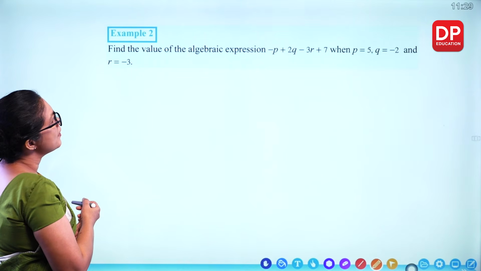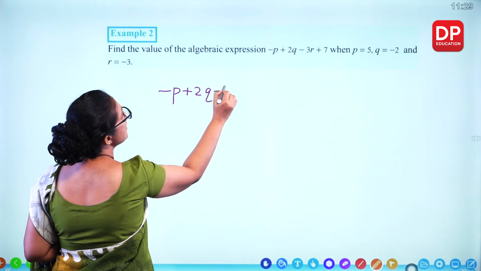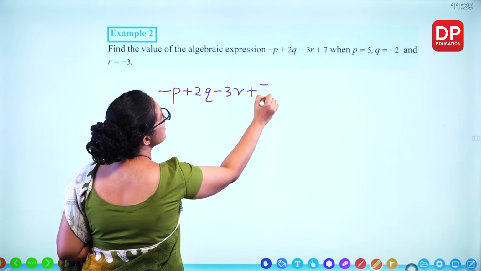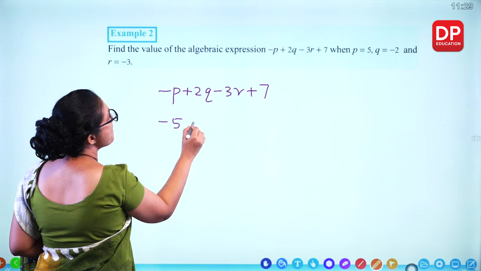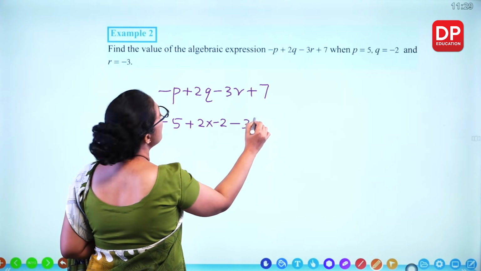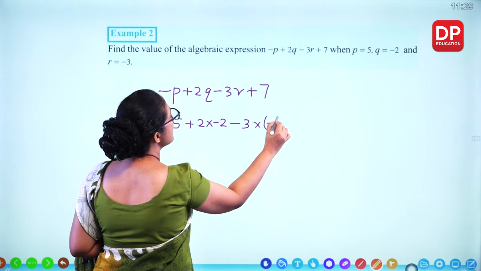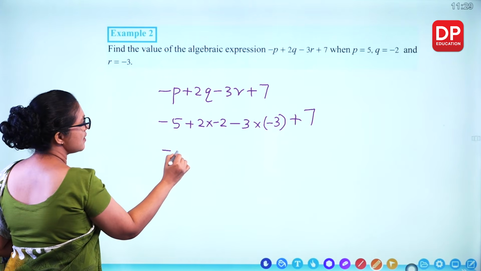Find the value of the algebraic expression minus p plus 2q minus 3r plus 7. P equals 5. So substitute 5 there. Q equals minus 2. R equals minus 3. Now simplify first.